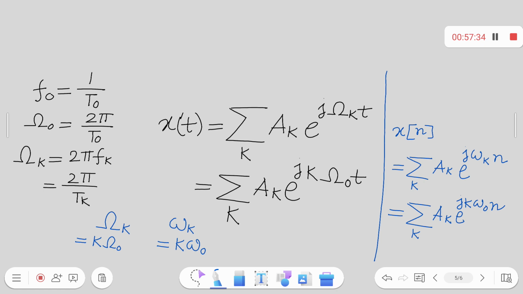Our objective is to visualize the signal as different complex sinusoids. Right? But after every n samples, this e to the power j k omega naught n gets repeated. So this summation is not for all k.